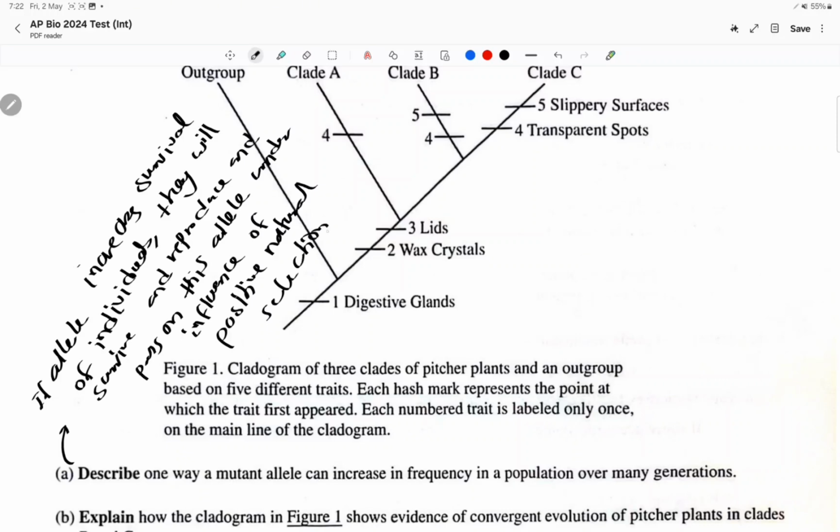Because look, there's positive selection, there's negative selection. Positive selection means you're going to be increasing it.